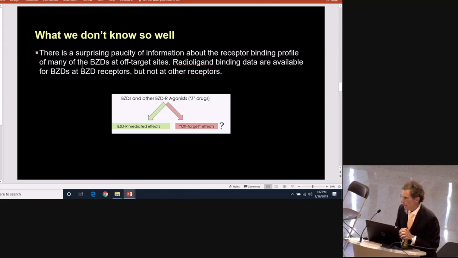There's also, and this is startling for those of you who are not basic pharmacologists, what we do is we look for what other receptors do these drugs bind to, and once we have that table of information, we can begin to predict what these drugs do or explain how they work. Nothing. These drugs are so old that it was not typical that they had what we would now call broad screening.